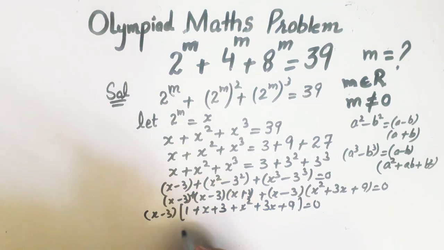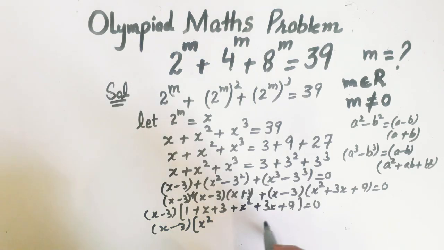So 3 plus 9 is 12, 12 plus 1 is 13. So we have x minus 3 times x squared plus 3x plus x is 4x, and 13, equals 0. Now we have to apply the quadratic formula on this to find the value of x.